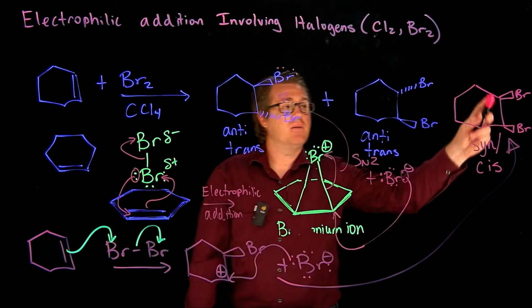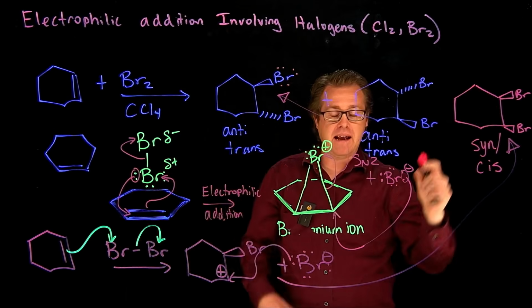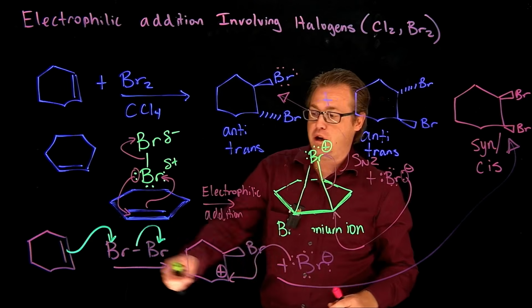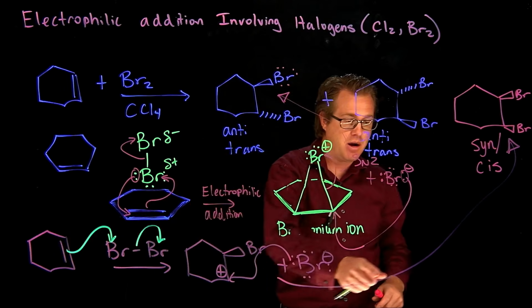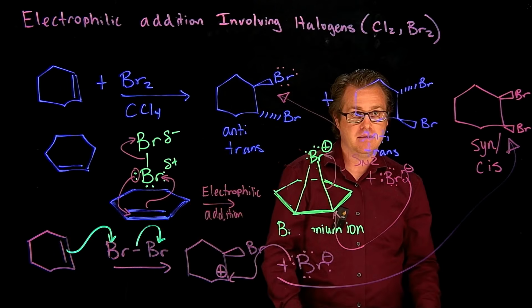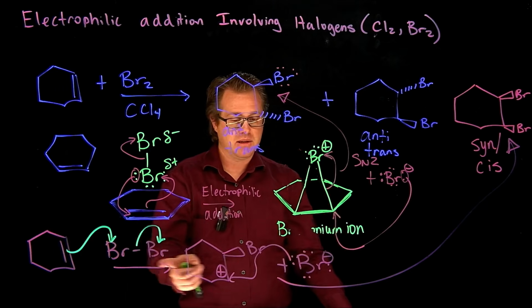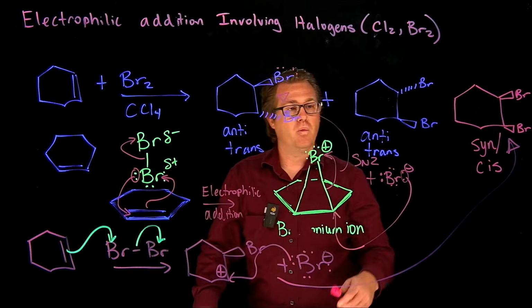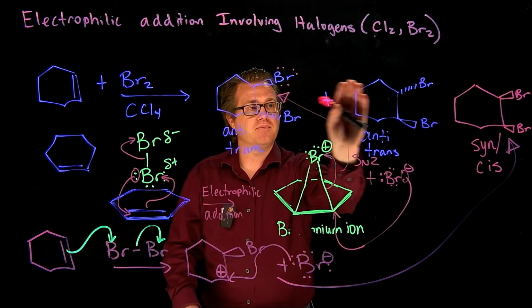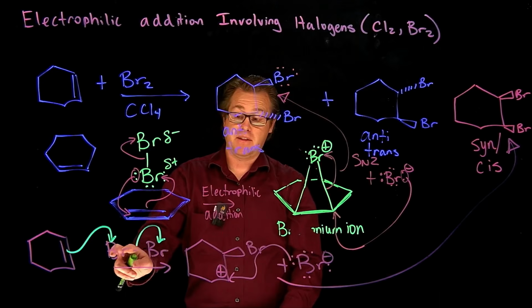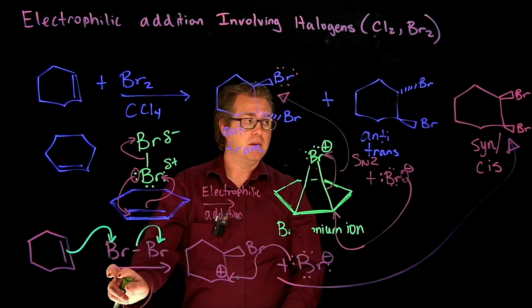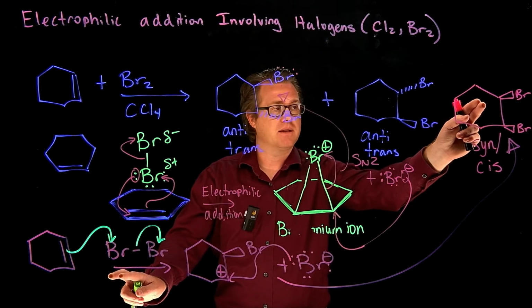But because we don't see any of that in our reaction flask, we know that this mechanism at the bottom here cannot be. It's not possible. That mechanism does not work. We only see these two products. But if this was a true mechanism, we would see that product in the flask, but we don't.